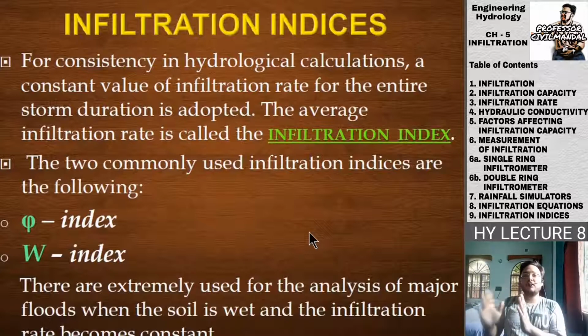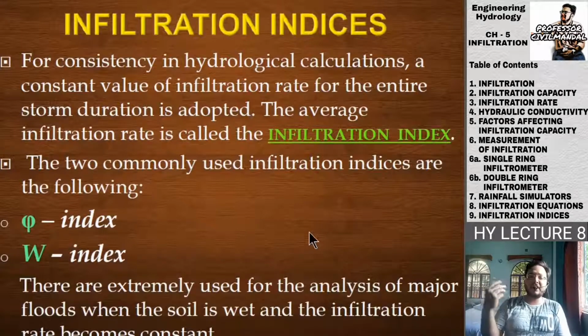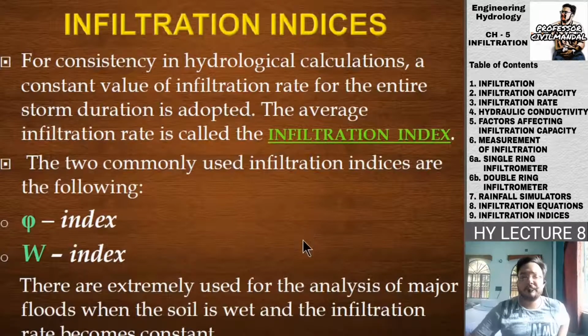The infiltration rate is in inches per hour or millimeter per hour, whatever it will be, and we make an average of all these values, so that we have one particular value of our infiltration rate, or you can say our infiltration index.